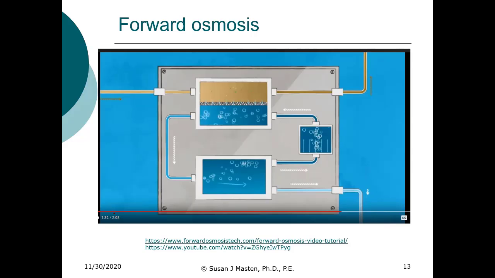You still have your reject stream. And then what they're doing, as shown here, is using a secondary membrane. So here, this is the reject stream from the secondary membrane. This is the product stream here. So this is the clean water that would then be used.